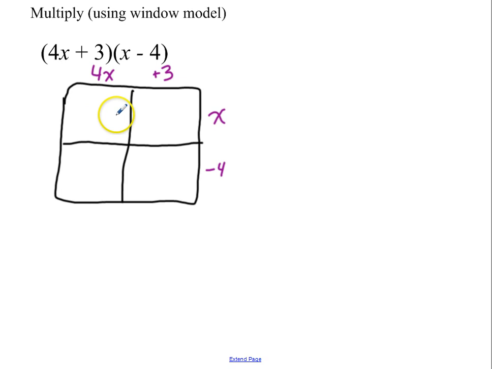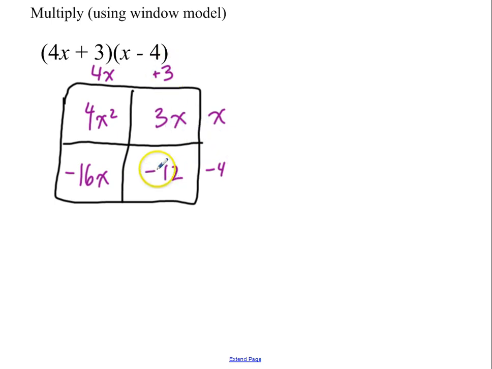Now in each box I just need to write the product. 4x times 1x, 4x squared. 4x times negative 4, negative 16x. 3 times x, 3x. 3 times negative 4, negative 12.